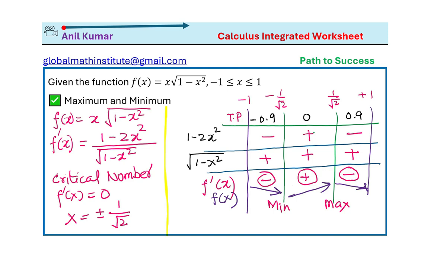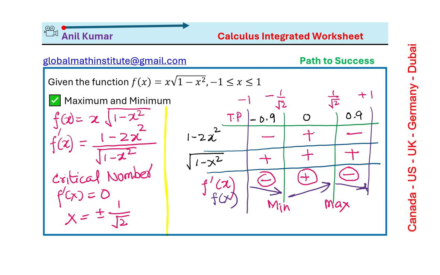Maximum and minimum values are minus half and plus half, as expected, since we know that the function has odd symmetry. Do you see how everything comes together? Odd symmetry means there will be a reflection of a point about the origin. So maximum and minimum will be the same distance away from the origin, which has been justified with these calculations.